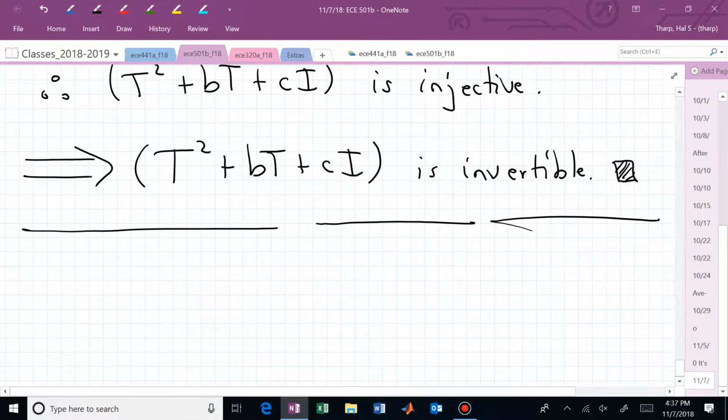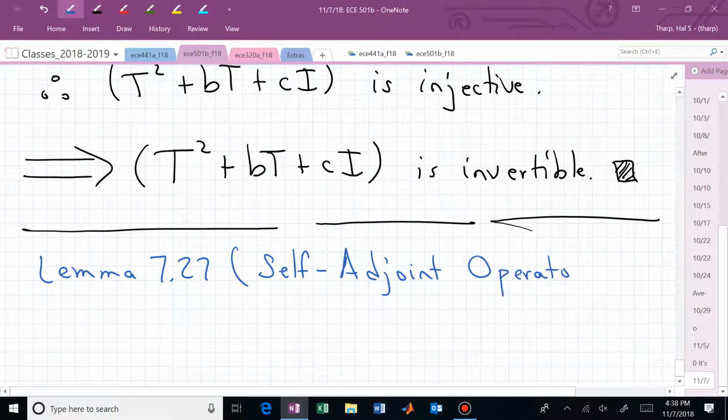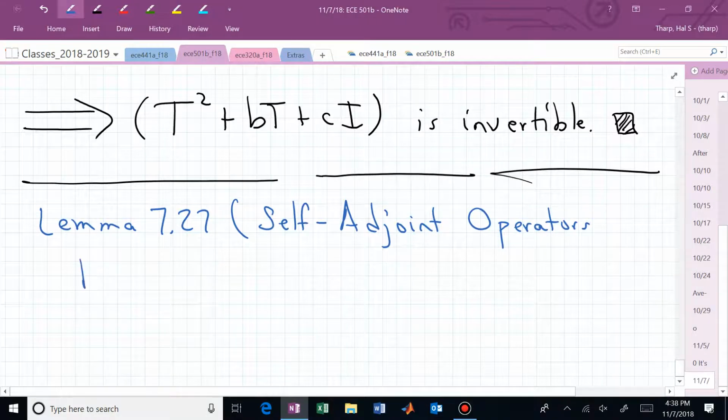So now let's state the next lemma, which is 727, labeled as self-adjoint operators have eigenvalues.